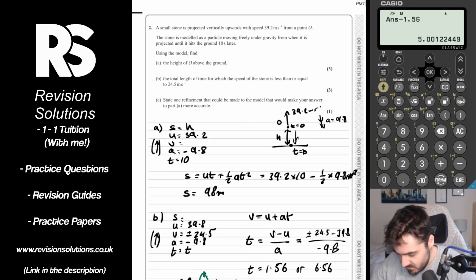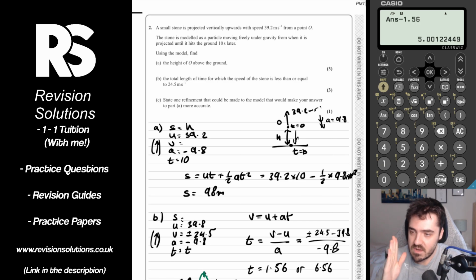Okay, then it says, state one refinement that could be made to the model that would make your answer to part A more accurate. So what are some assumptions we've made? We've modeled it as a particle, so we could think about that. If it had some size, we'd have to think about the dimensions of the ball, because it wouldn't be the full distance. It would be the full distance minus the radius of the ball that it has to travel to hit the ground.